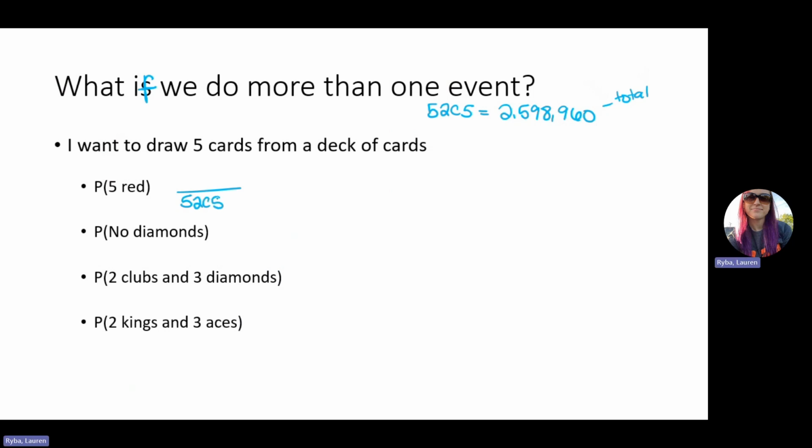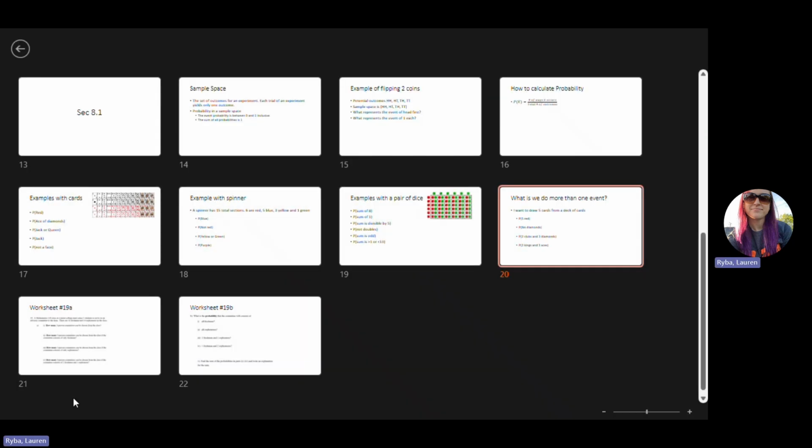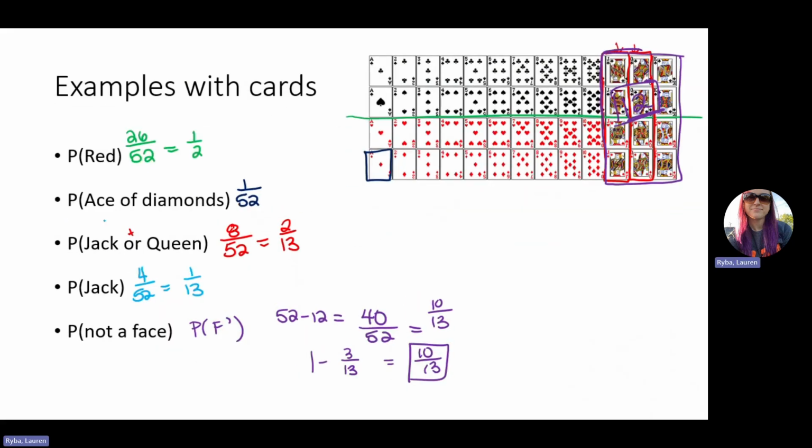The top is then going to be, what am I drawing? What am I working with here? I want to get 5 red cards. Well, how many red cards are in the deck? We go back. We said red back here.